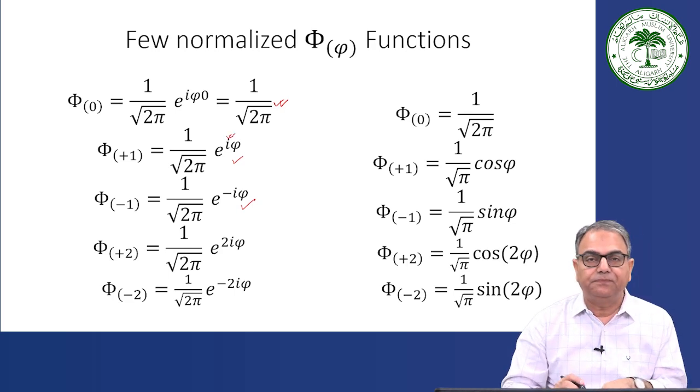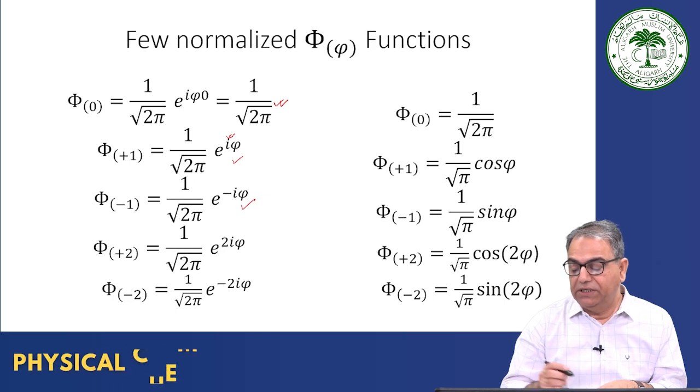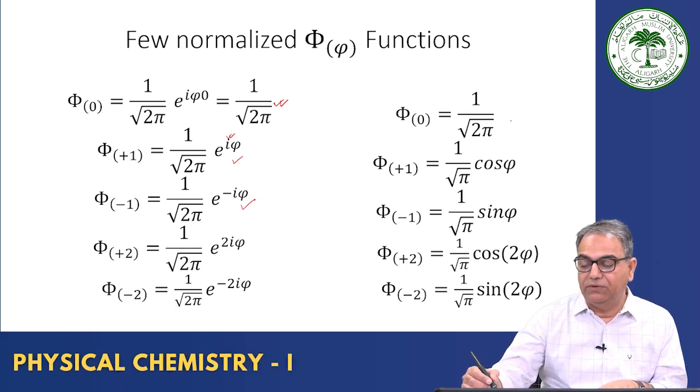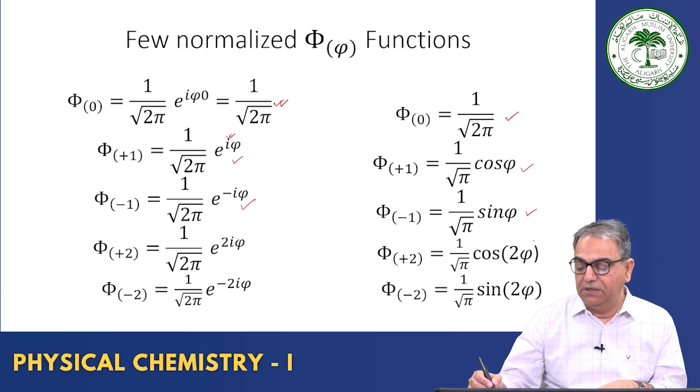But this function has the imaginary part i, so sometimes interpreting this function becomes difficult, and we have de Moivre's theorem with which you can convert this into trigonometric functions. With the trigonometric functions also, I have written the equation for phi is equal to 0, phi plus 1, phi minus 1, phi plus 2, and phi minus 2.